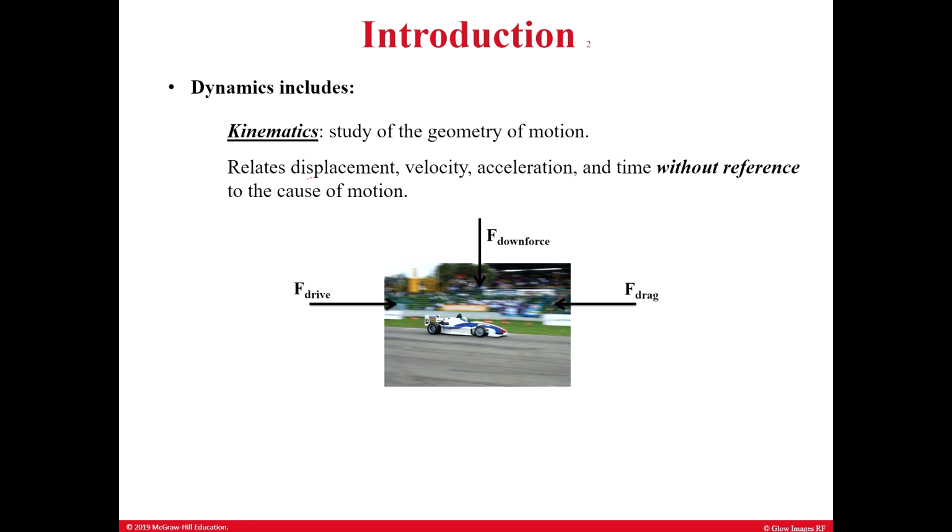The displacement is the change in position from here to here. There's a distance x. That is the displacement. The velocity is the derivative of x, the acceleration is the derivative of velocity, and time, without reference to the cause of the motion.